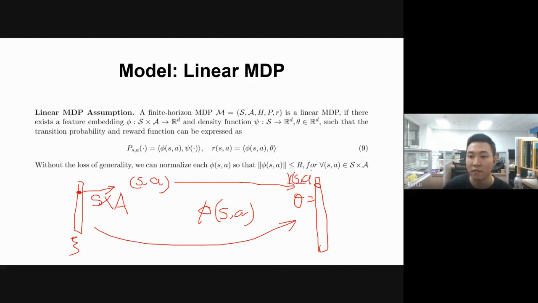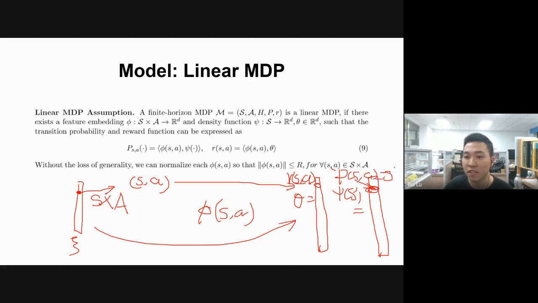And psi of S prime is actually the collection of all the possible combinations of the state and action that can go to this S prime. And this position is just the probability of S and A going to S prime.